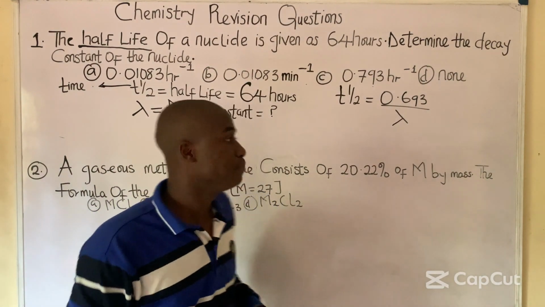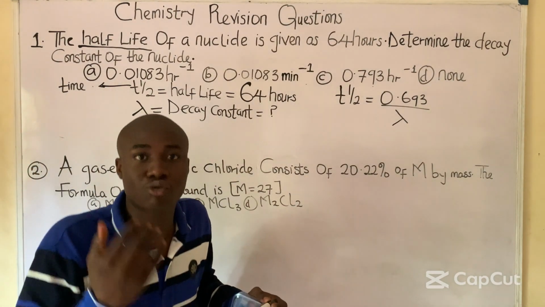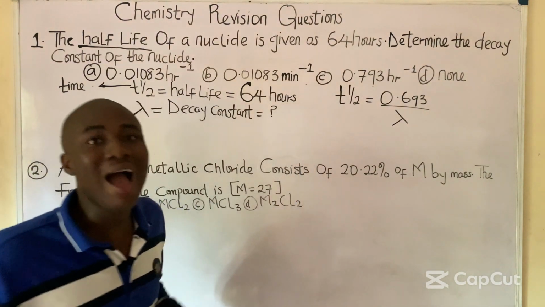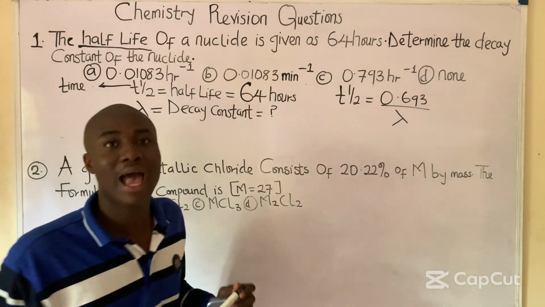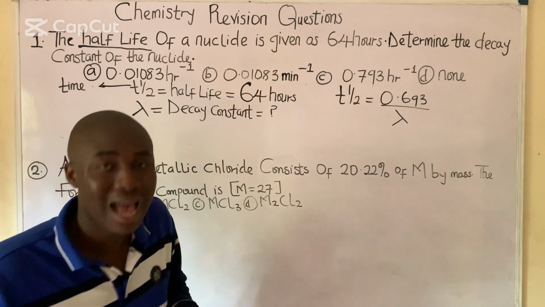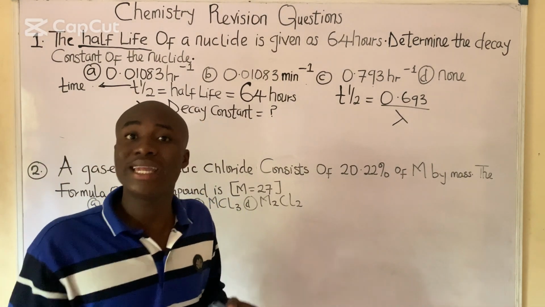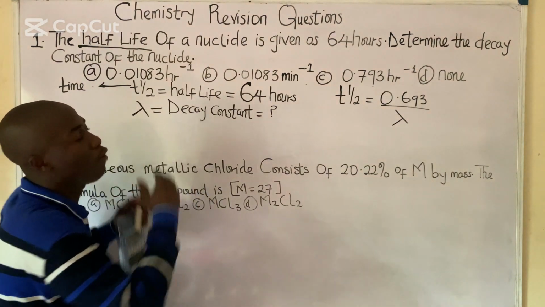What does this mean? It means that half-life has to do with time. So it is related to time units. So half-life can be expressed in seconds, minutes, hours, days, weeks, months, or years. So these are the units for half-life.